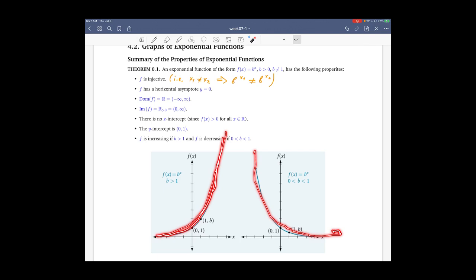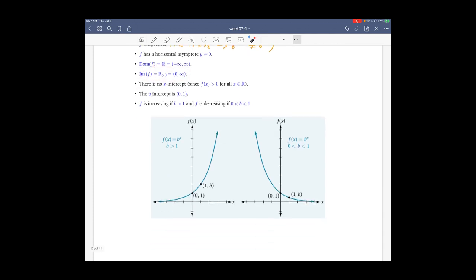A function that is monotone increasing is, of course, injective. Regardless of b, this function is defined for every real number. And also, regardless of b, the image of this function is always the set of positive real numbers, whether it's increasing or decreasing.